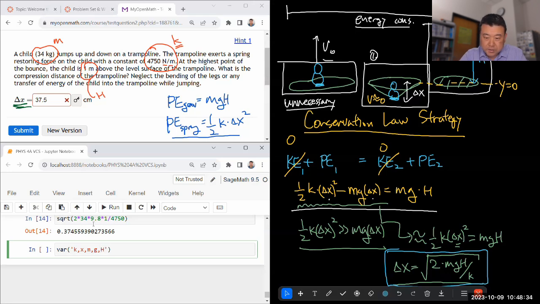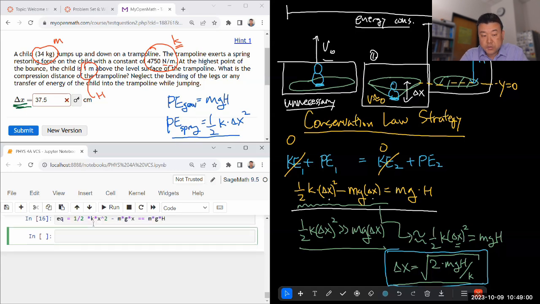I need the h. I think that's all the variables I need. Using these variables, I'm going to define my equation. It'll be 1/2 times k times x squared minus m times g times x is equal to, again, two assignment symbols, m times g times h, and I assign this expression into the variable equation.